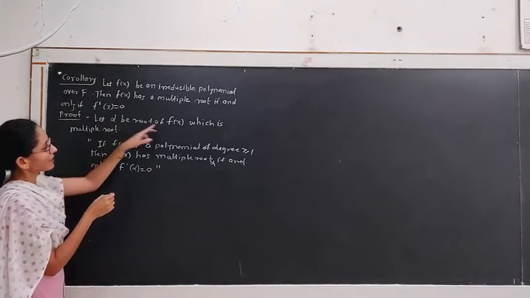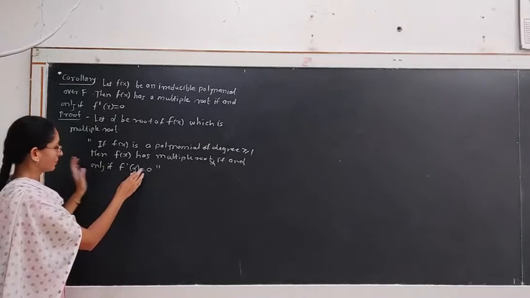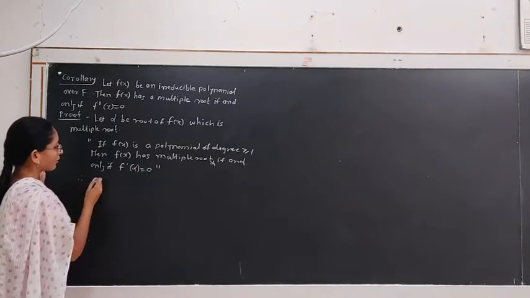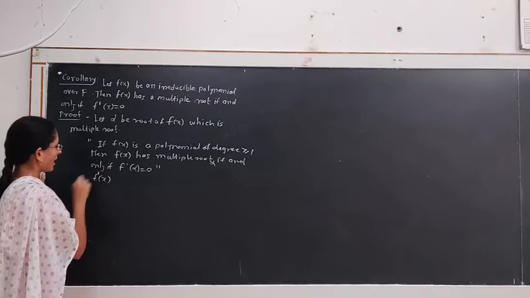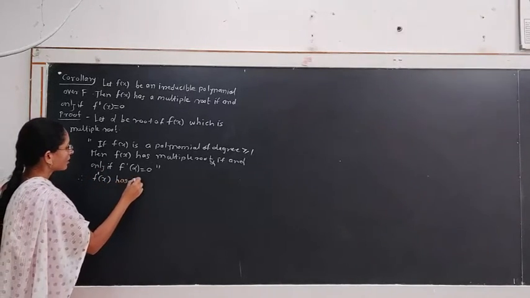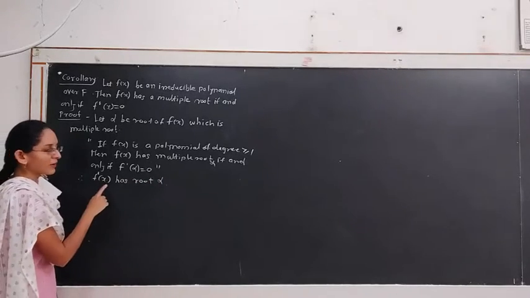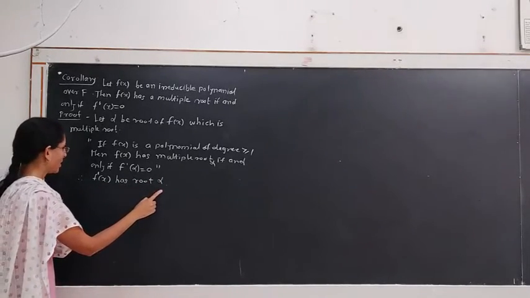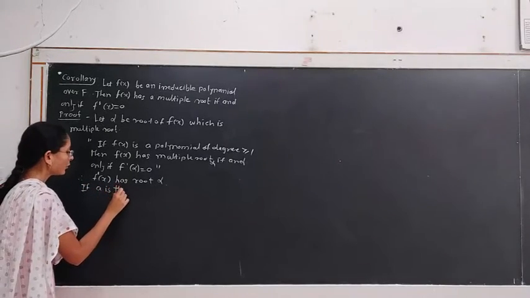Here we are assuming that f(x) has a multiple root alpha. By using this theorem, f dash of x has a root, meaning f dash of alpha is equal to 0.